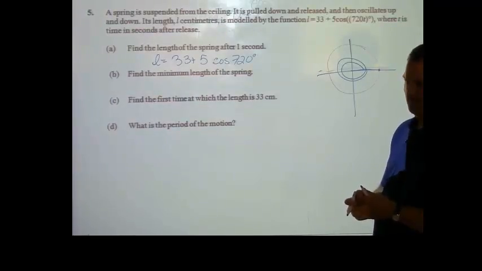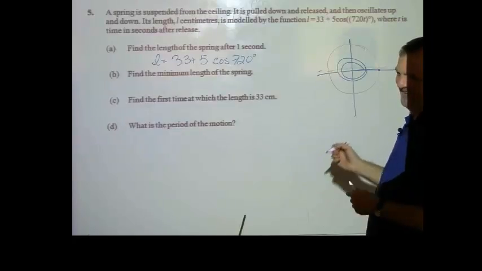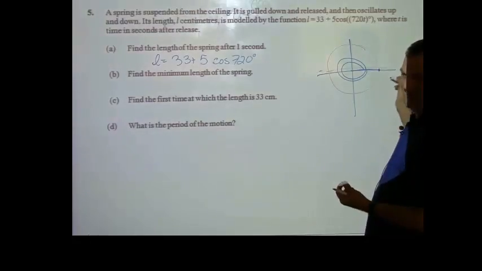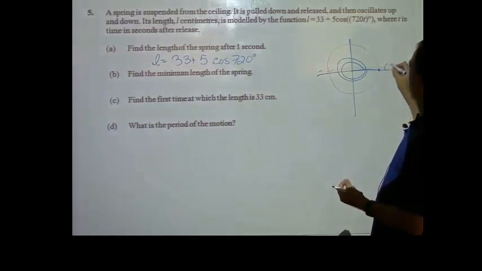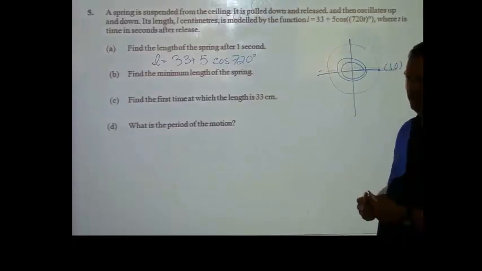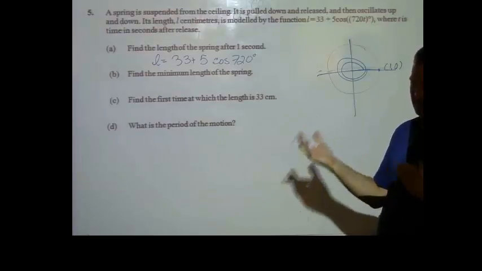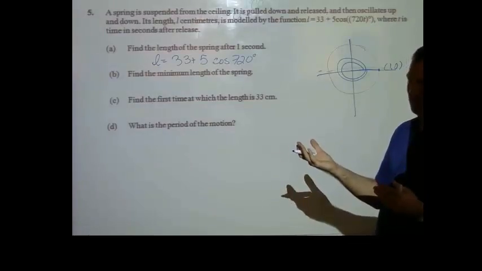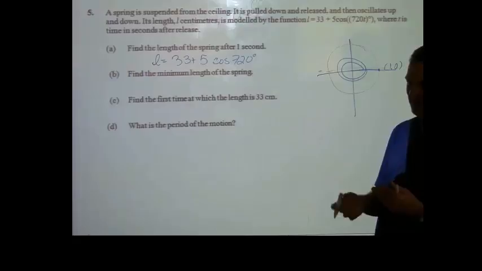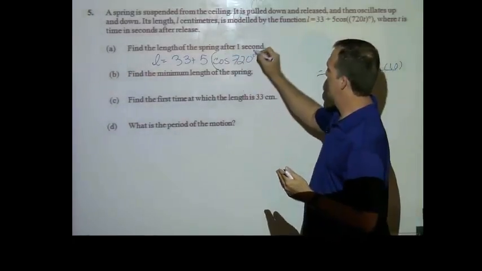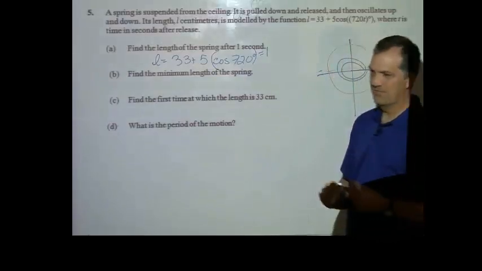It's either 1 or 0 because of the coordinates. That's 1, 0. Which is for cosine, which is for sine, the x or the y? X is for cosine. So the cosine of 720 equals 1.